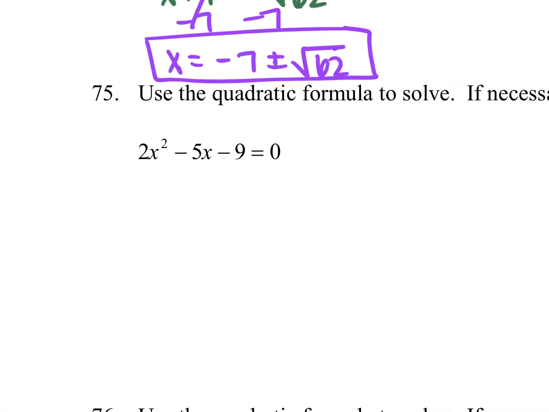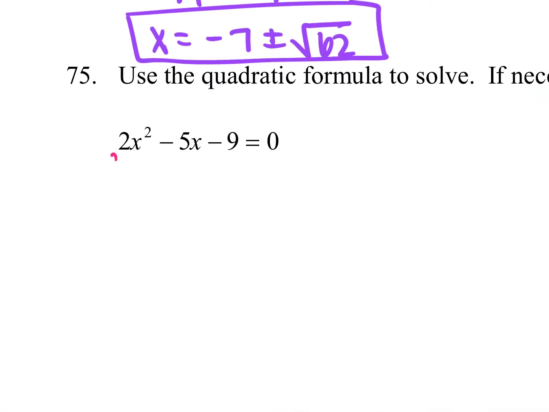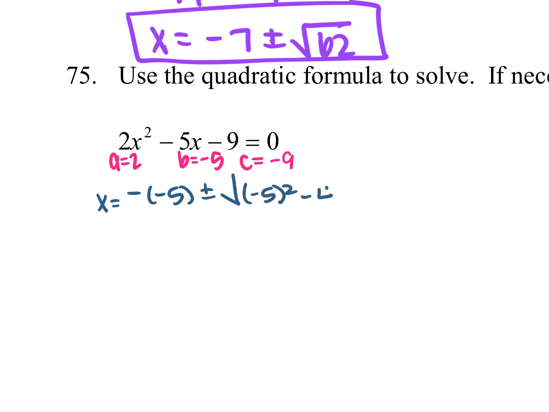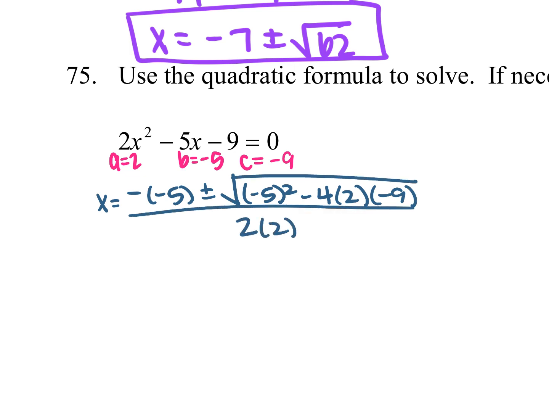So using the quadratic formula, your a is going to be 2, b is negative 5, and c is negative 9 here. So that's going to give us x is equal to the opposite of negative 5 plus or minus the square root of negative 5 squared minus 4 times 2 times negative 9, all over 2 times 2.